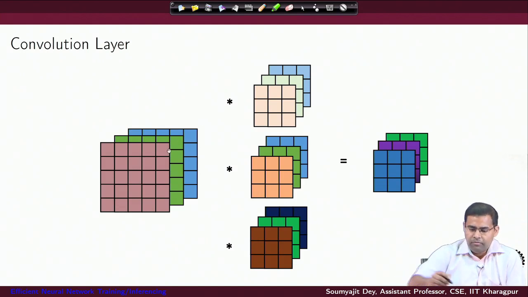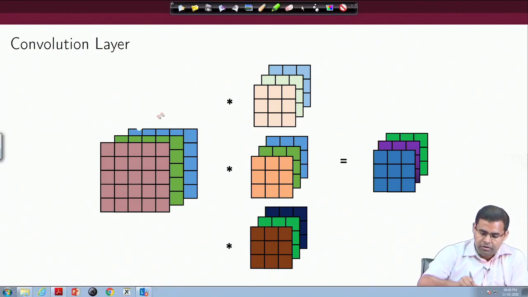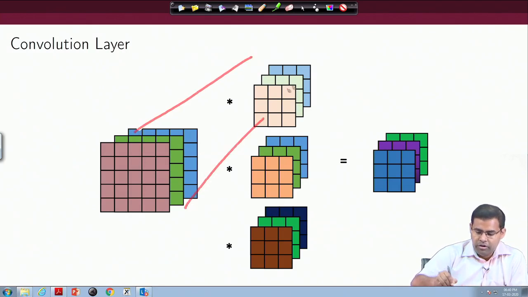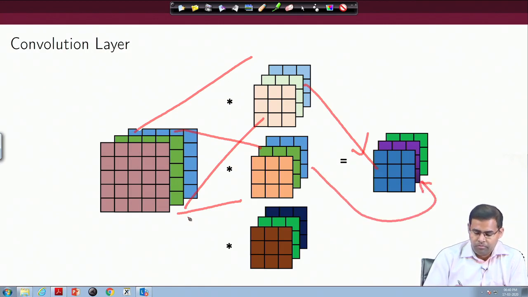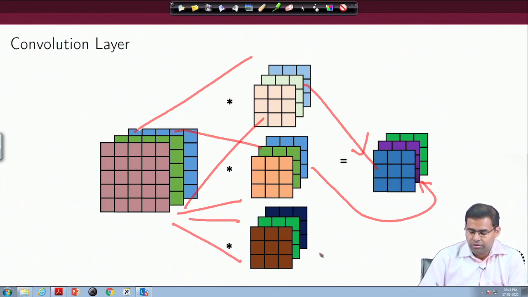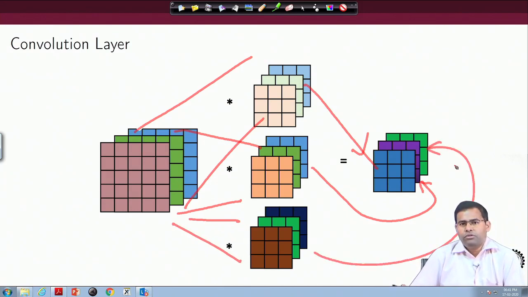As we have seen in the previous picture, this convolution is going to provide me with one 2D output, this convolution is going to provide me with another 2D output, and again this convolution is going to provide me with another 2D output, so on and so forth, right.